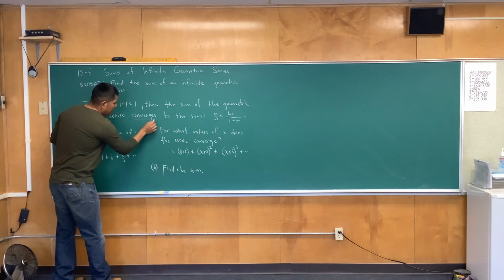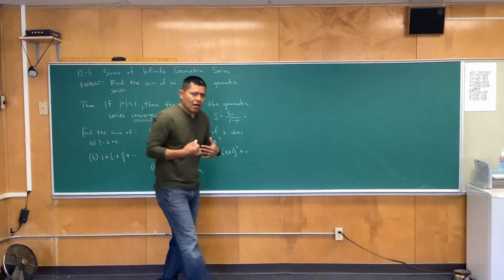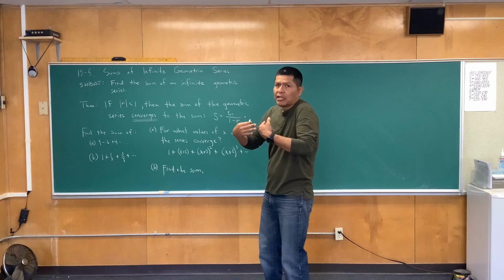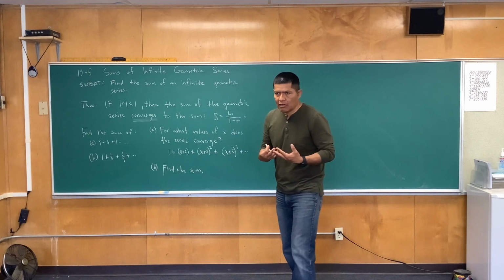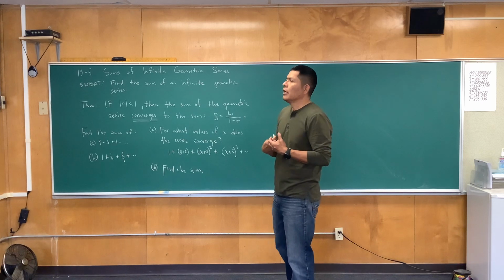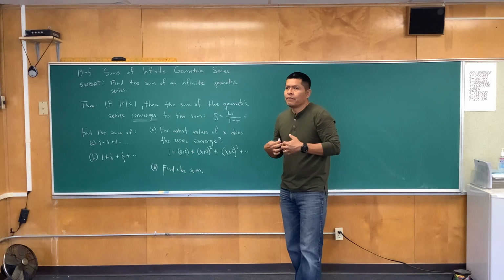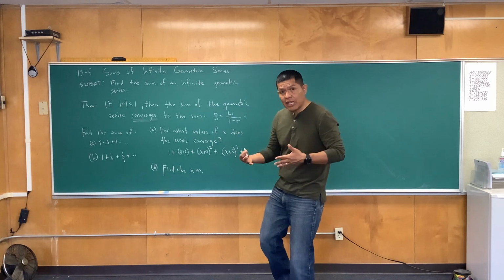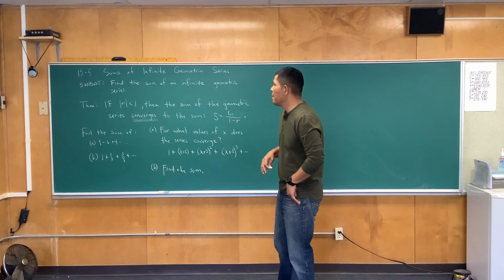Now, this is an important theorem because it's really loaded with a lot of information because of this word right here. Because when we start talking about converging to a particular number, that starts to sound like a limit of a sequence, okay? So when we're talking about series, we have to understand that a series is just a sequence, except now we're just adding all the terms together, right?